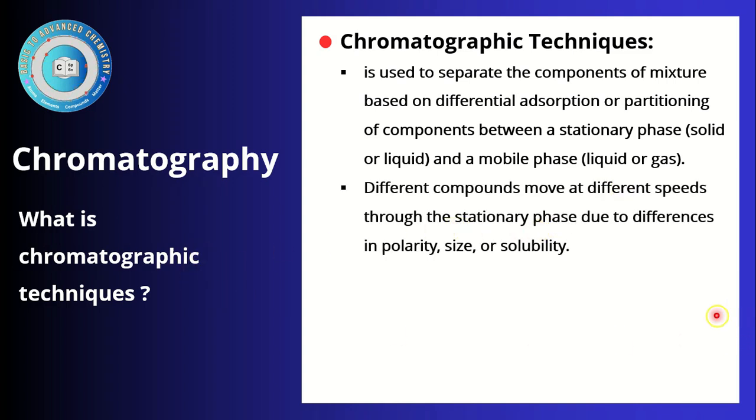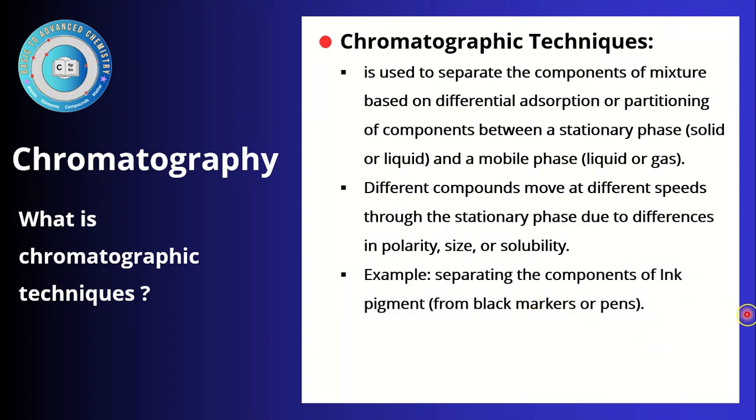Different compounds move at different speeds through the stationary phase due to differences in their polarity, size, or solubility. By using this advantage, we can separate the components of a mixture using chromatography. For example, we can separate the components of ink pigments, the ink from black markers or pens, by using chromatographic techniques.